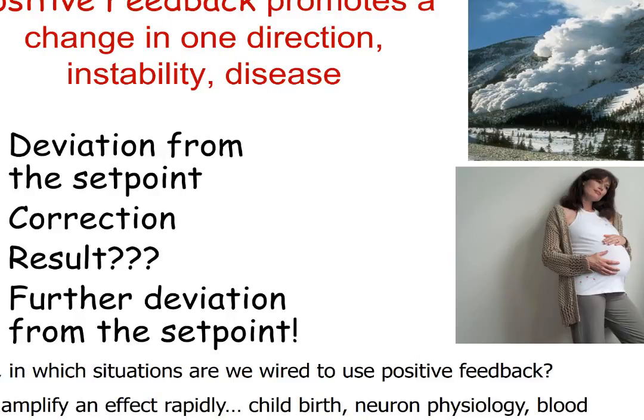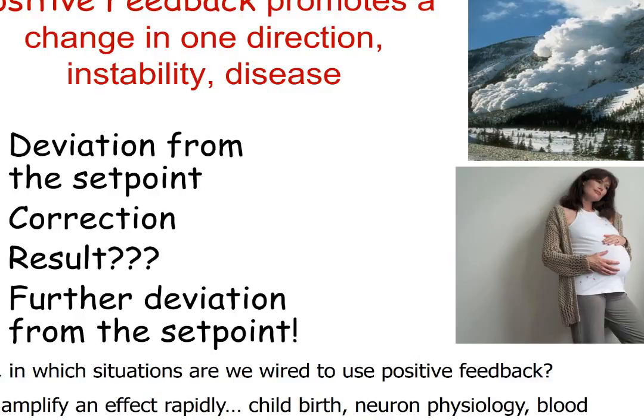And we call it an avalanche experience, where deviation leads to more correction, but in the same direction as the deviation. And that's really weird. So we say more gets more gets more. It promotes a change in one direction. And if it gets out of control, this can lead to an unstable environment.